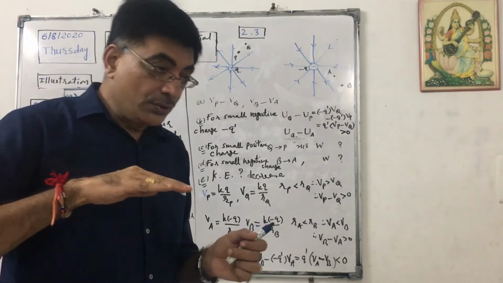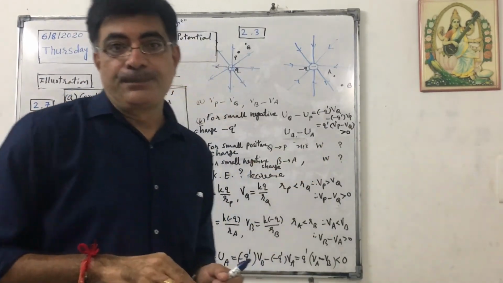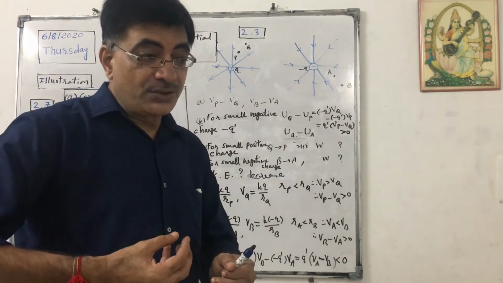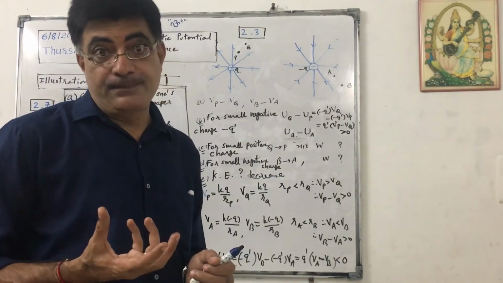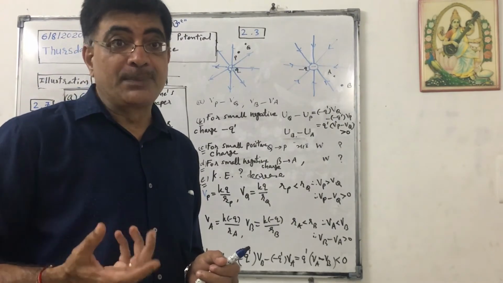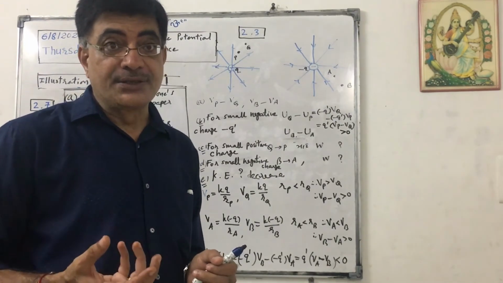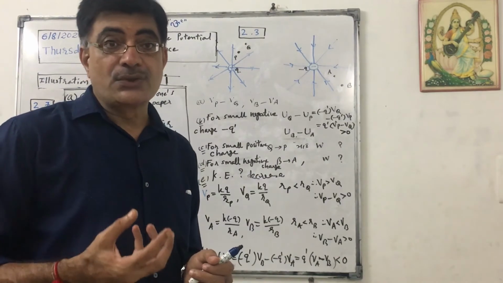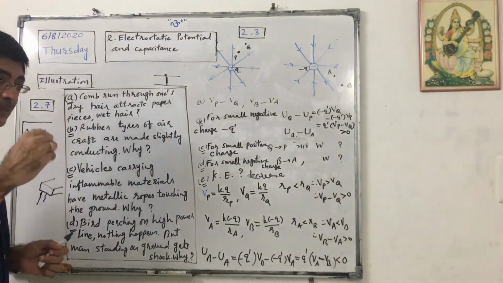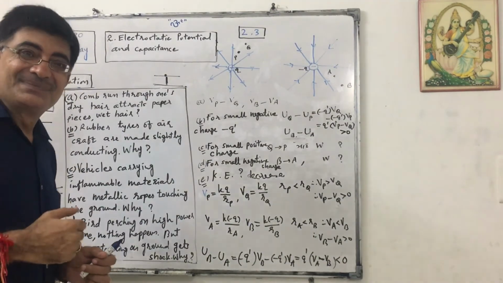So lot of friction is there. Due to friction there may be accumulation of charge, okay. So due to that a spark can happen and can cause accident, okay. So the special rubber tires of aircrafts are made somewhat conducting, okay.